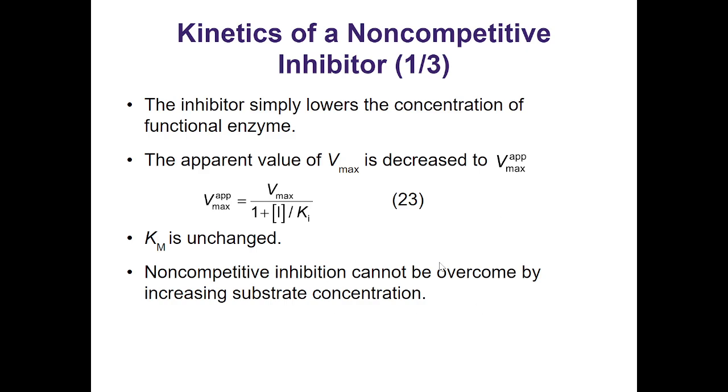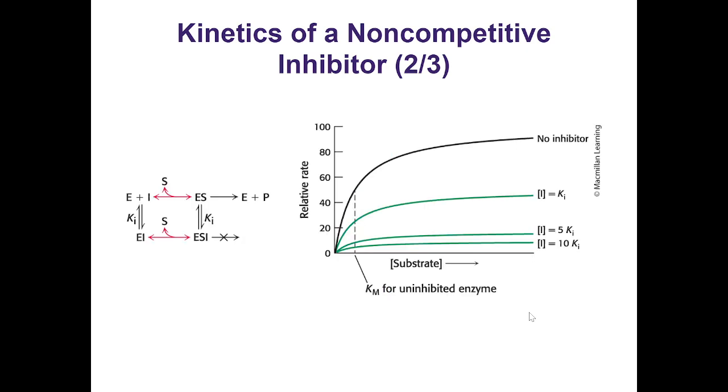So non-competitive inhibitors cannot be overcome by increasing your substrate concentration, because it doesn't matter if we bind the substrate or not. The inhibitor just stops it from making product. Okay? The other way you can look at this is that it affects both sides of the equilibrium the exact same. So it can go backwards or forwards, but you just bind the inhibitor on there and it can't go to product.